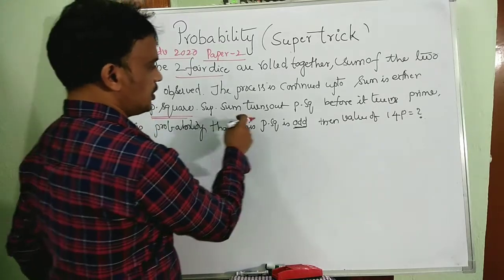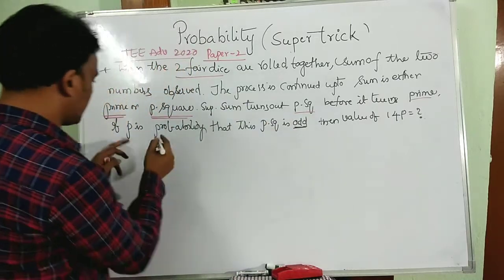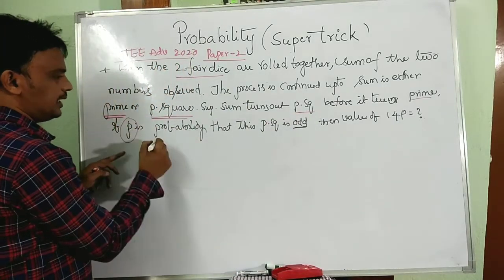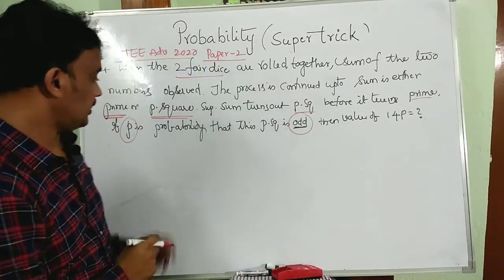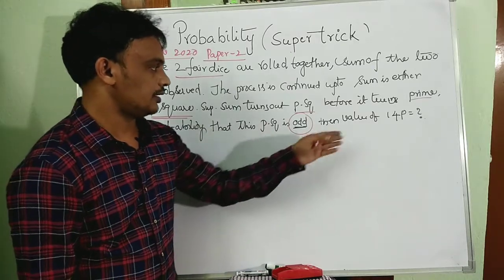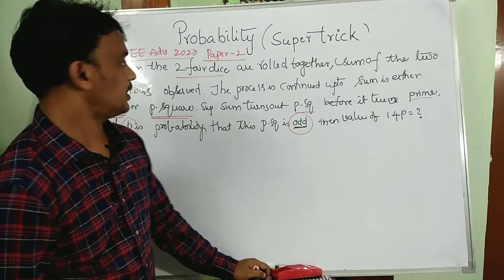Suppose the sum turns out to be a perfect square before it is prime. If P is the probability that this perfect square is odd, what is the value of 14P?